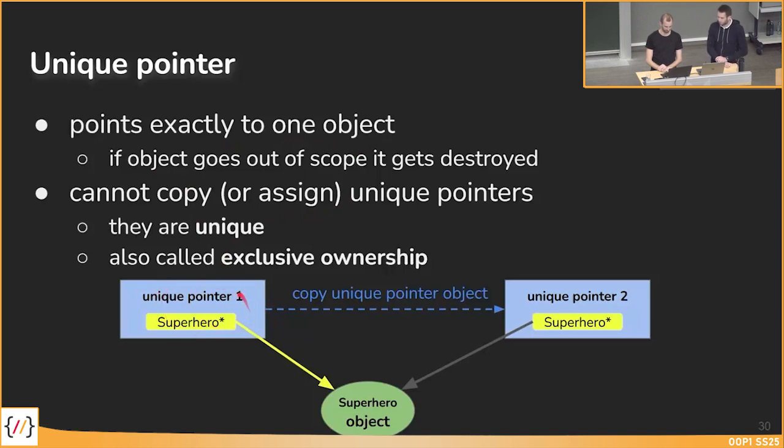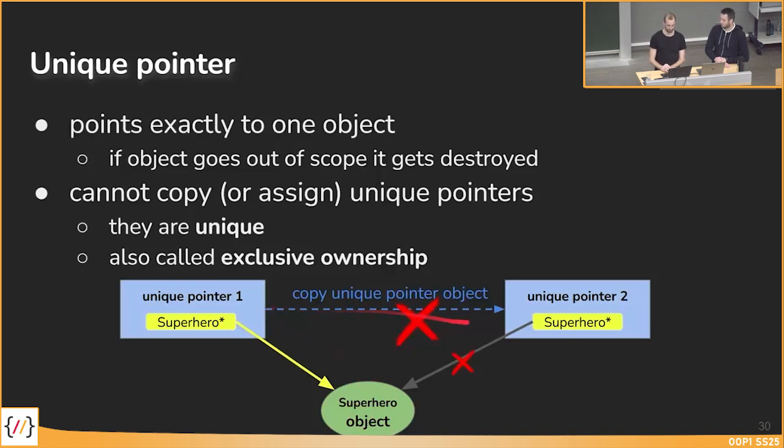What you cannot do is copy this unique pointer. This unique pointer is just one object, its own class, and it has as a member one pointer to my superhero object, which is maybe on the heap.